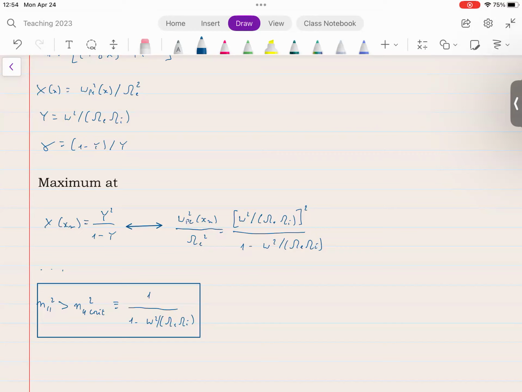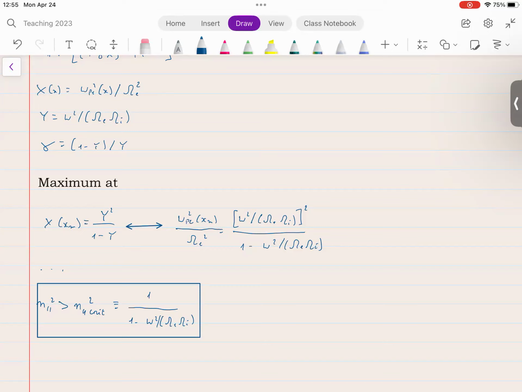And there is lots more other things that we need to ensure, is that n perp square is also positive for the range of values of x where our wave is propagating.